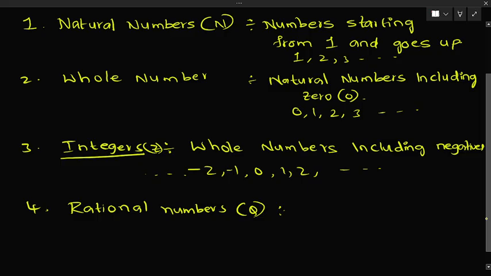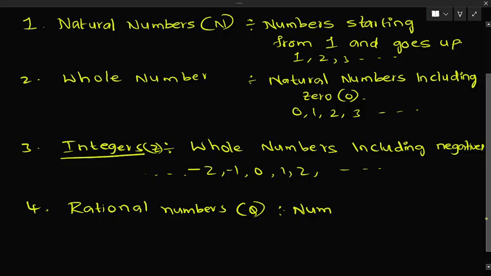So how do we write these numbers? We write these numbers in the form of p by q, which is nothing but one number as the numerator along with another as the denominator.